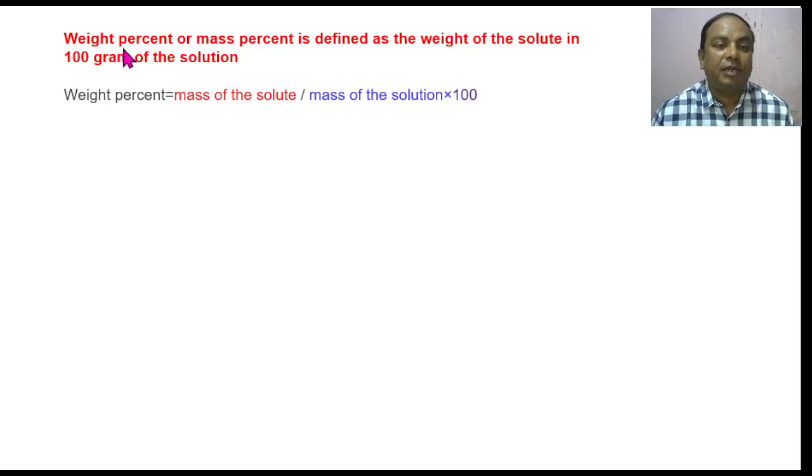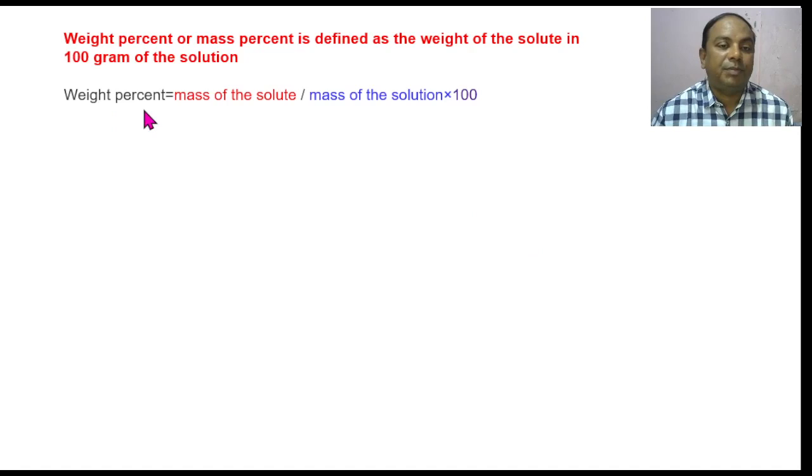Weight percent or mass percent is defined as the weight of a solute in 100 gram of a solution. So whenever we want to calculate the weight percent, we have to equate to 100 gram of a solution.